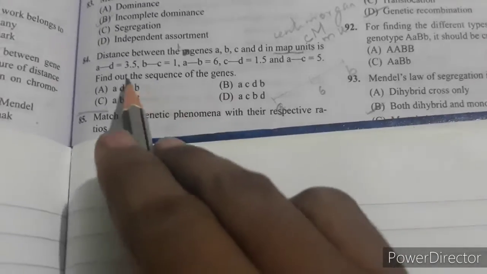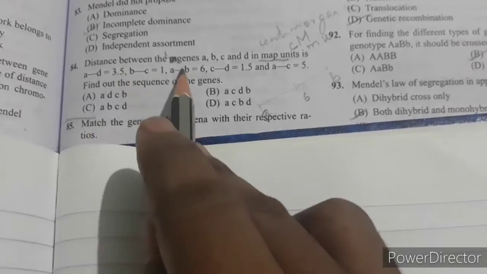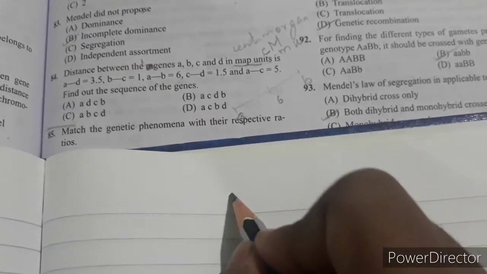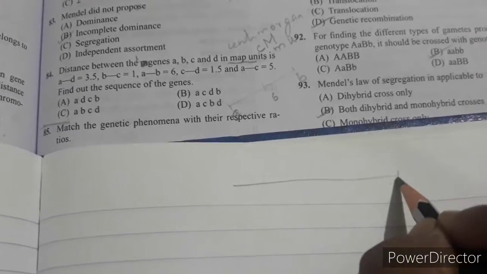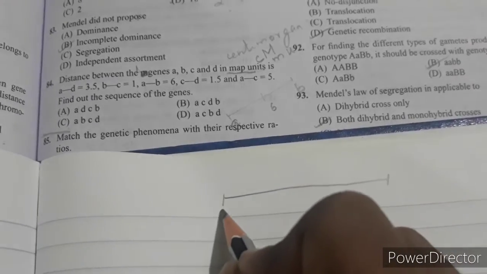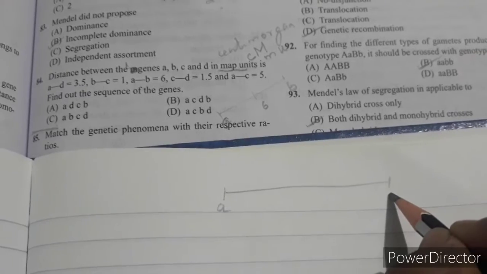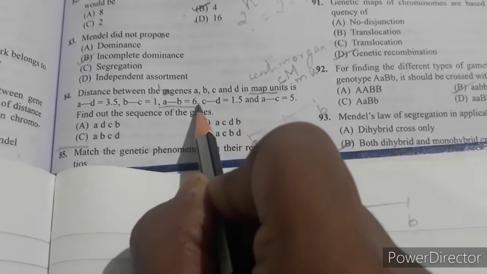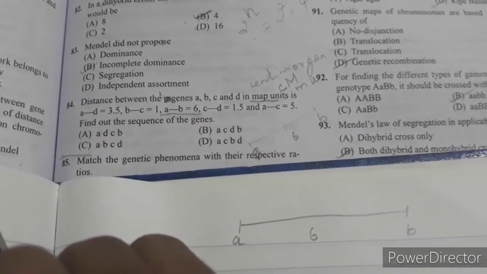Okay. So now, as I told you, let me take the longest distance. AB has the longest distance between them. So I am drawing a line here denoting A in one end, B in another end, where the distance between them is 6. So this value has been taken care of. So I can take anyone else now and check it out.